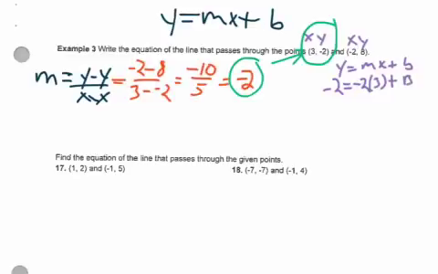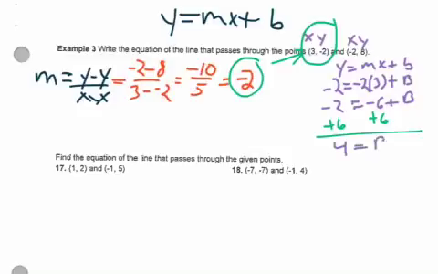I don't know what b is yet, so -2 equals -6 plus b. Add 6 to both sides, therefore 4 equals b. So I got my magic numbers, my m and my b. Write your equation. Y equals -2x plus 4.